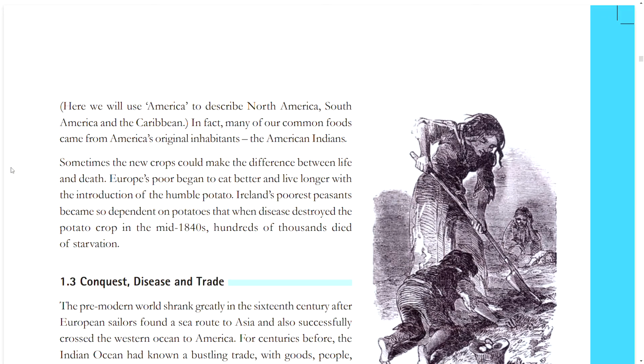Here we will use America to describe North America, South America, and the Caribbean. In fact, many of our common foods came from America's original inhabitants, the American Indians.